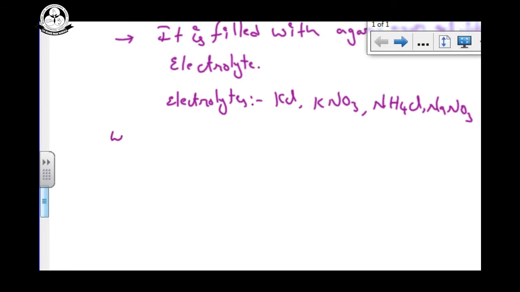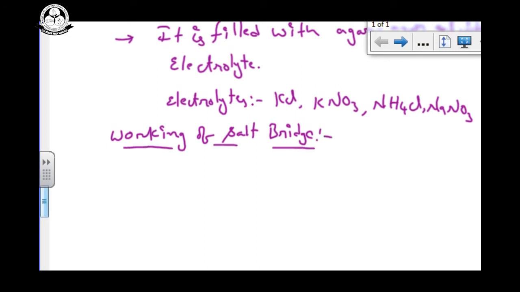Now, the working of the salt bridge. It completes the circuit and maintains the flow of electrons.